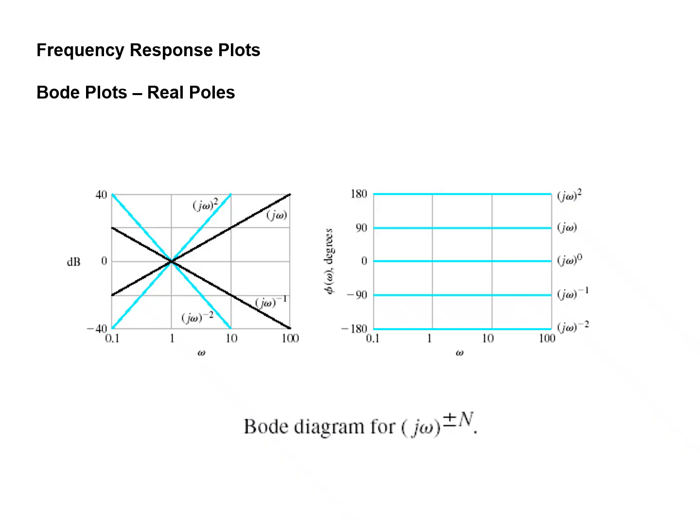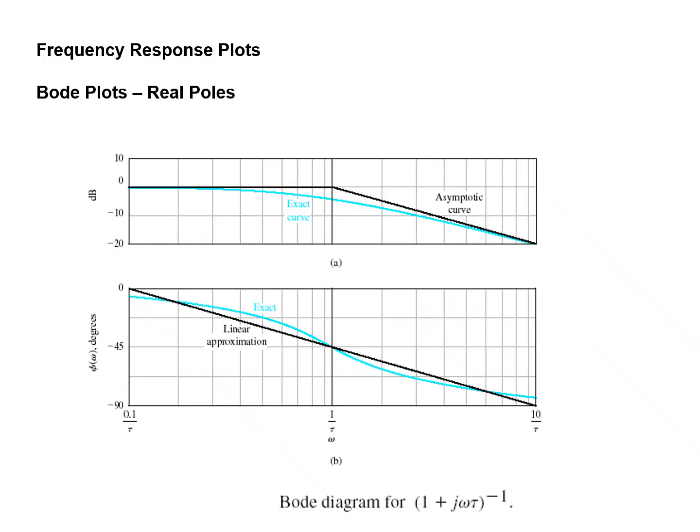This is the effect of the integrator, the number of integrators. Okay, this frequency response Bode plot, real pole, is for the Bode diagram for (1 plus j omega 2) to the power minus 1.